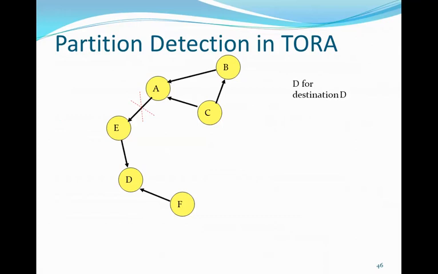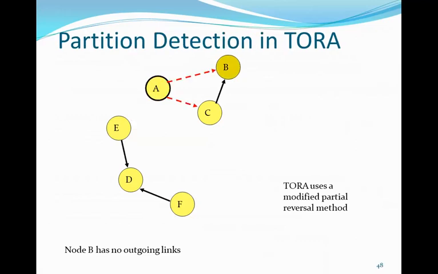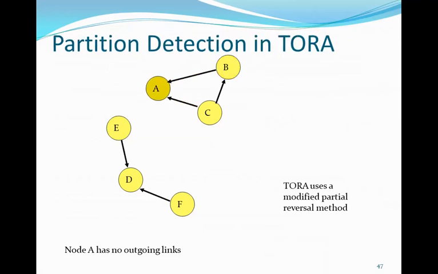Now the link between A and E has failed, and as per the TORA protocol we will use the modified partial link reversal method, in which we will exploit all the possibilities, whether there is any option through any other node to access the nodes E, D, or F. So here you can see with this possibility, first node A was checked.